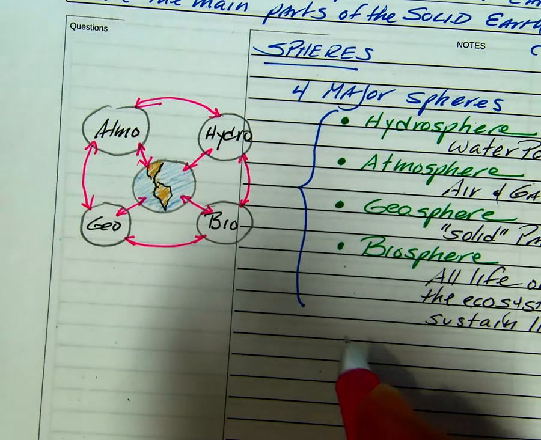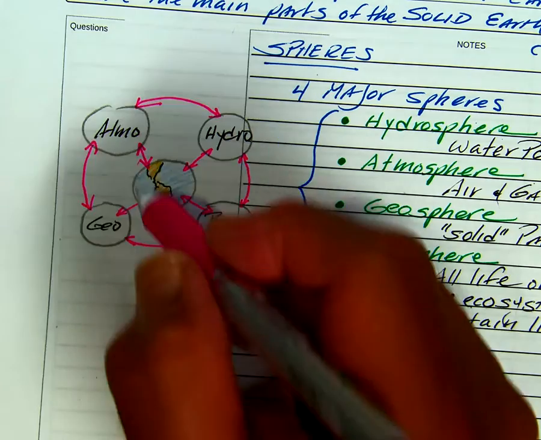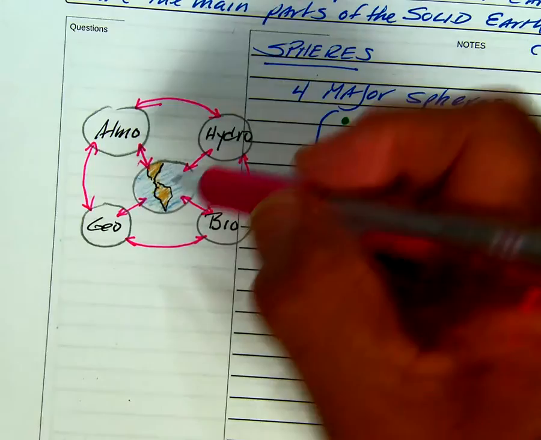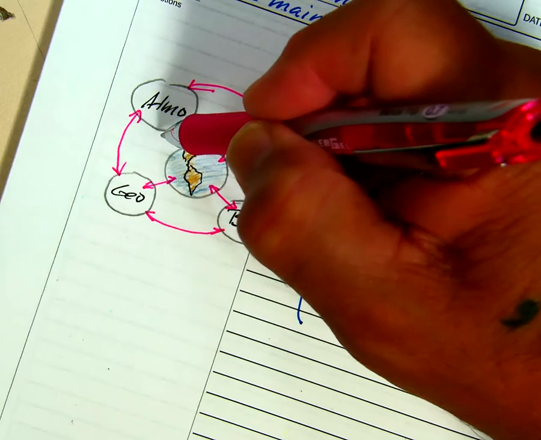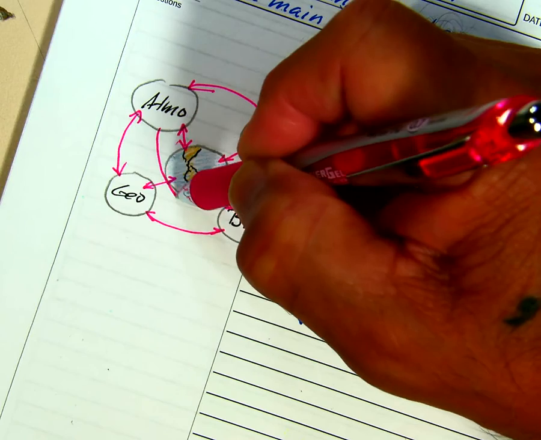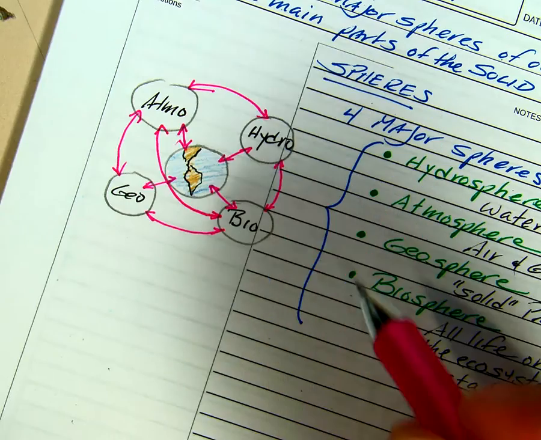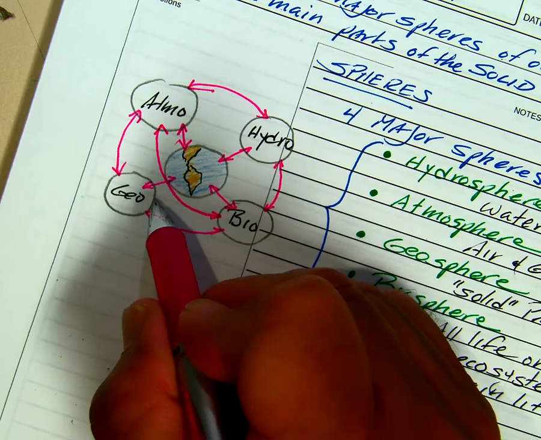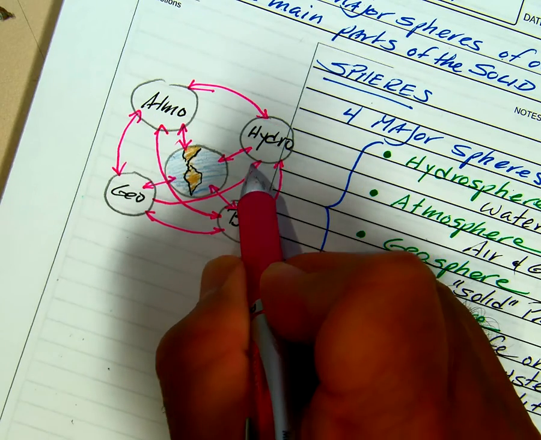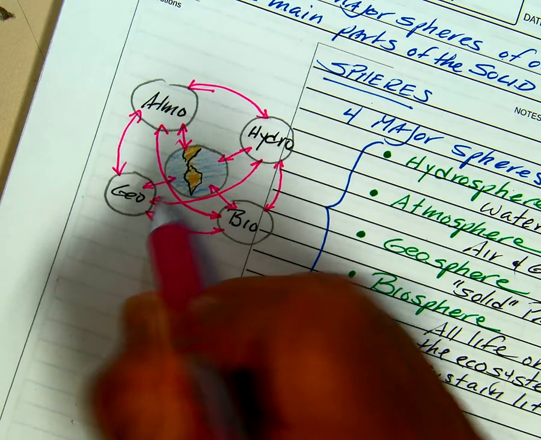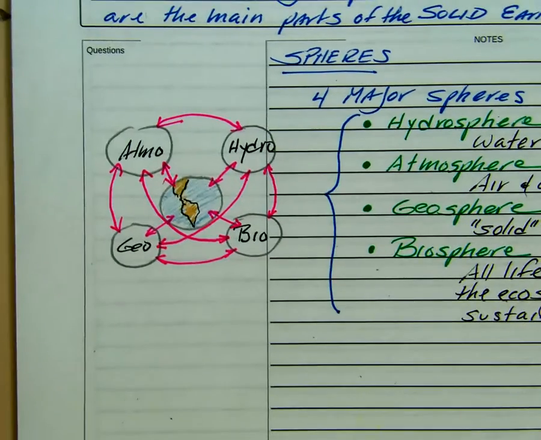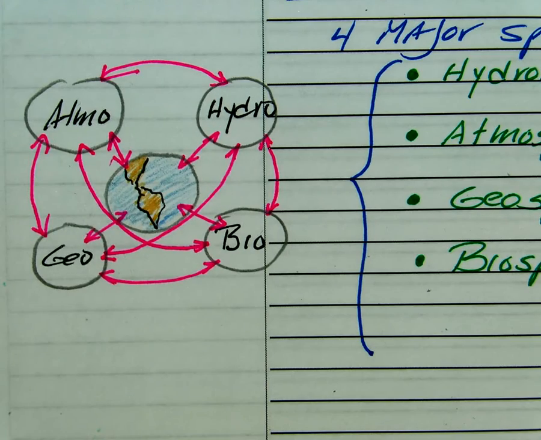You also, of course, have the biosphere and the atmosphere relating to one another. So you have an arrow that goes between them, and the hydrosphere and the geosphere likewise in the same way. So you end up with a diagram that looks kind of like this.